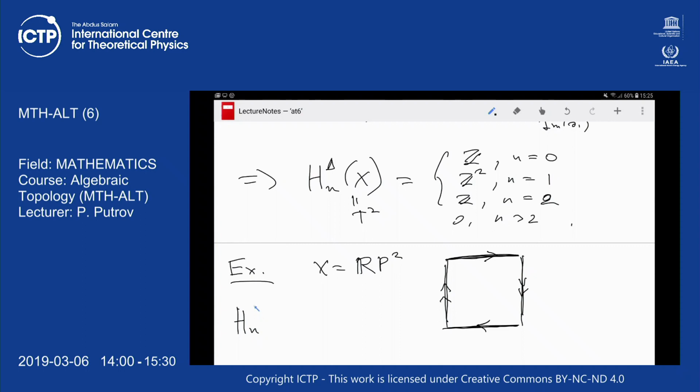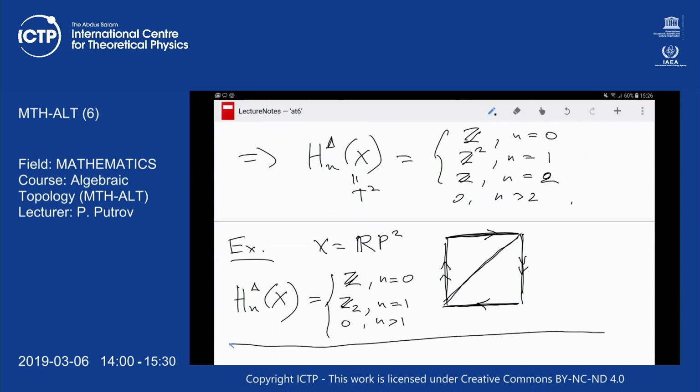The exercise is to show that, again choosing a delta complex structure by using this kind of subdivision, this triangulation, Hn is equal to Z when n equals 0, Z2 when n equals 1, and 0 when n is greater. It's an exercise which I leave to you.